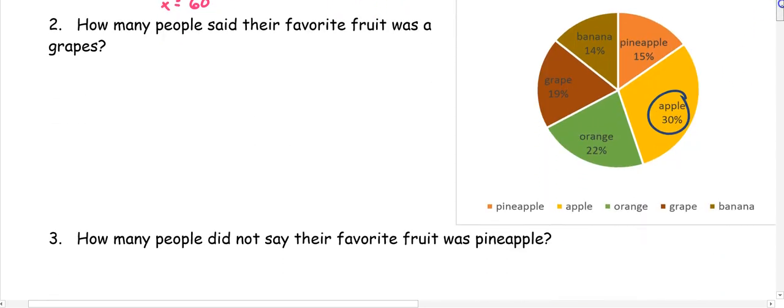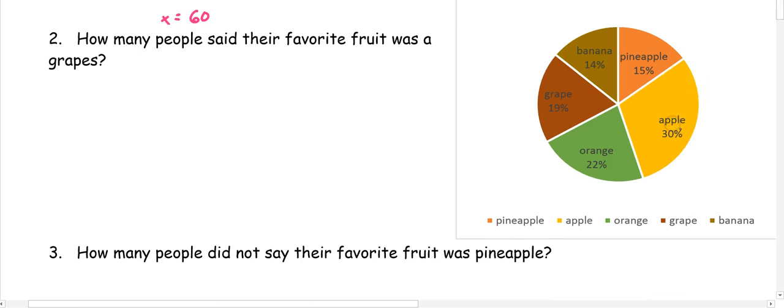Number 2, how many people said their favorite fruit was grapes? So 19% said that their favorite fruit was a grape. So we want to have x over 200, because again, there were 200 people surveyed, equals the 19% that said grapes over 100. To solve for x, all we're going to do again is cross multiply.